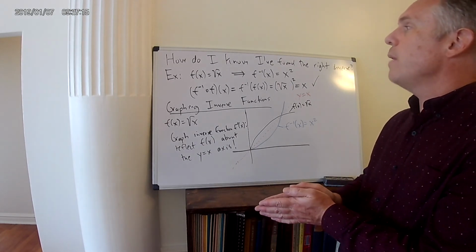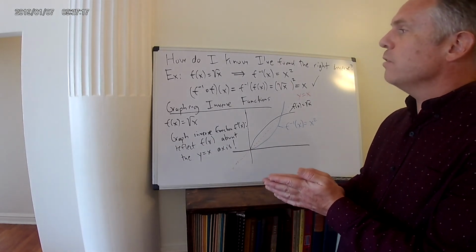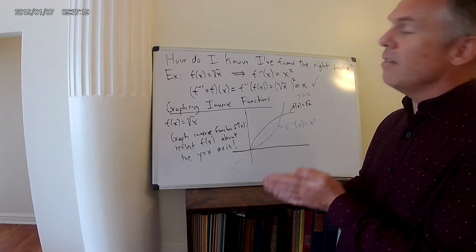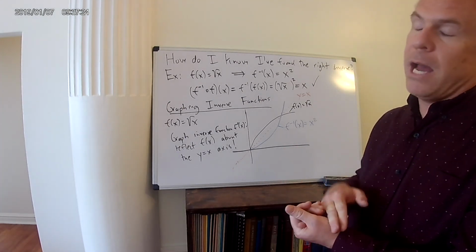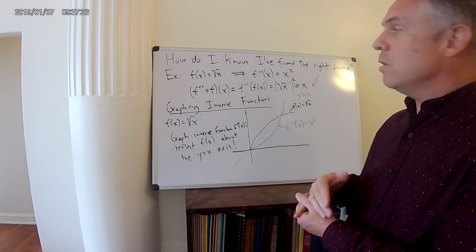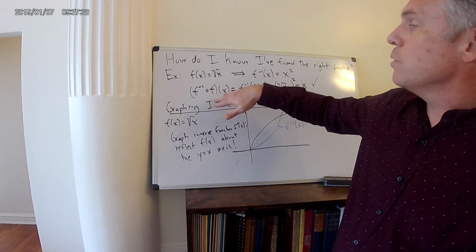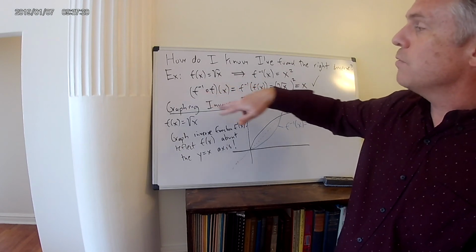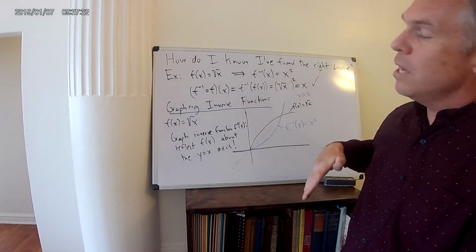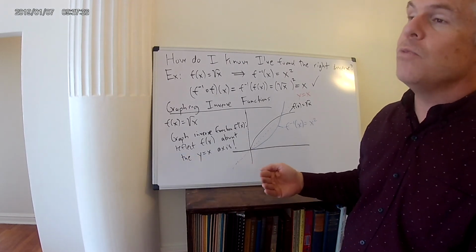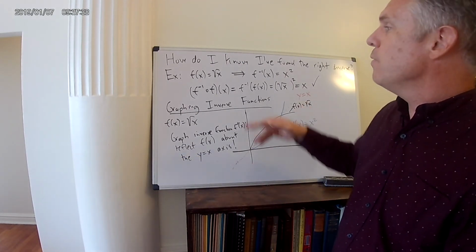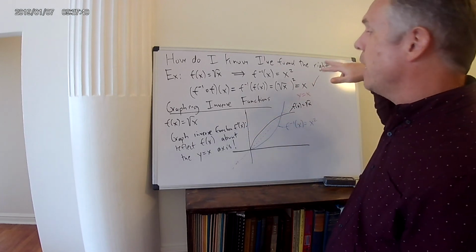Okay. And then we talked about how you actually find the inverse function of a function, and we went through 4 steps. And then we talked about how you know you have the right inverse function. The way you know is if you compose the inverse function with the function itself. In other words, if you perform the operation of the function, and then right after that, you perform the inverse operation, the two should negate each other, and you just get out x.